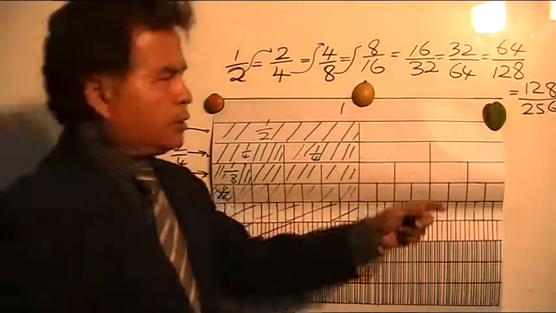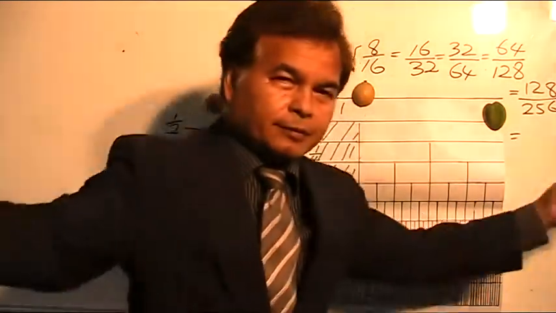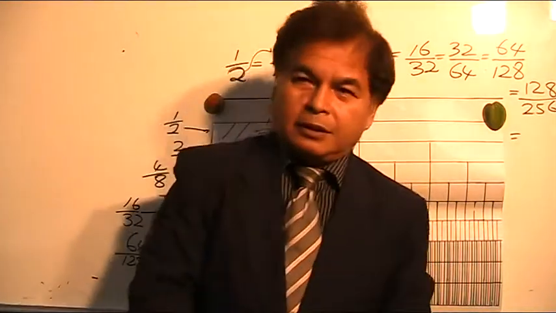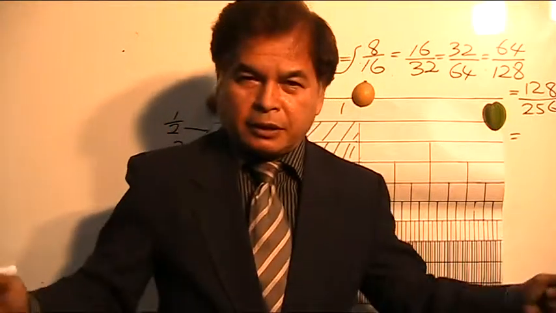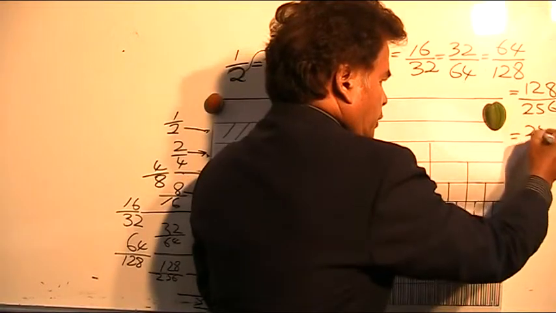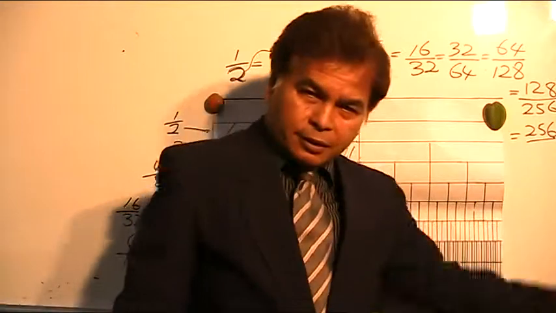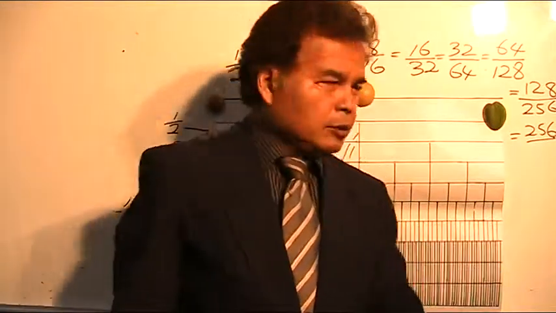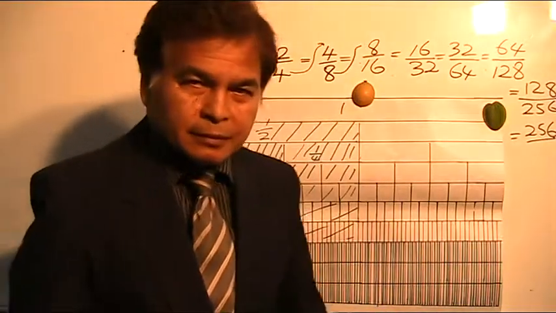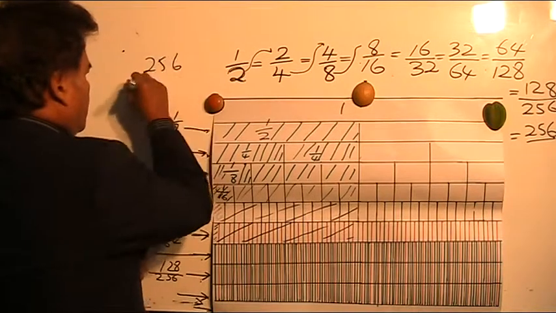And next will be what? Everybody. Ada lagi yang belum siap ya? Still somebody is working on it. Right. So you bring this up, comes 256 over... 256 times by what? For the denominator? 256 kali apa untuk penyebut ni? 256 times by 2.